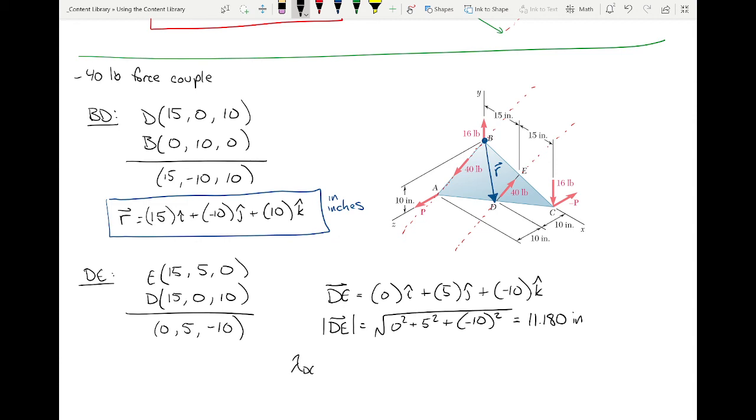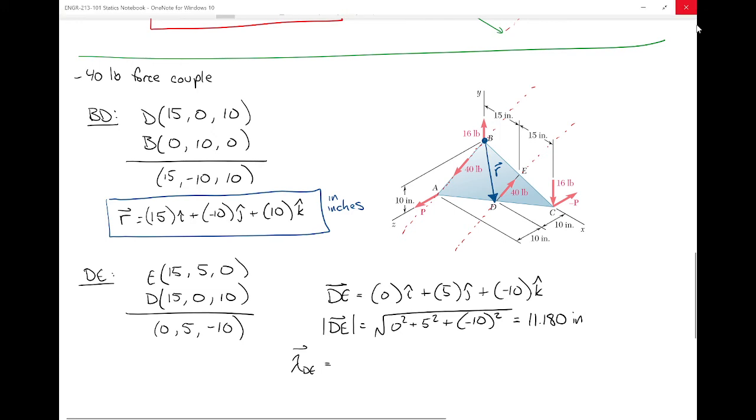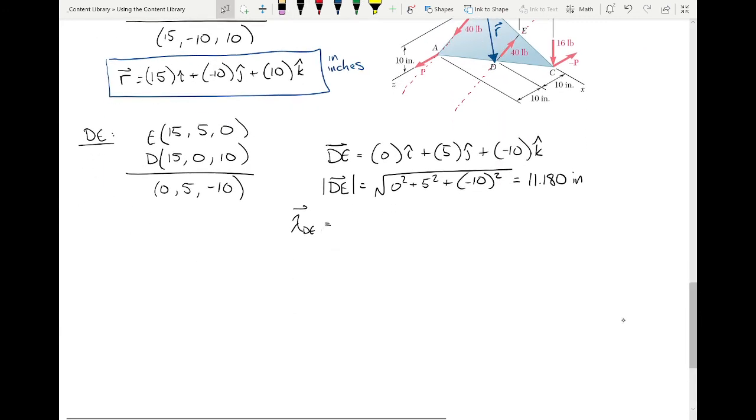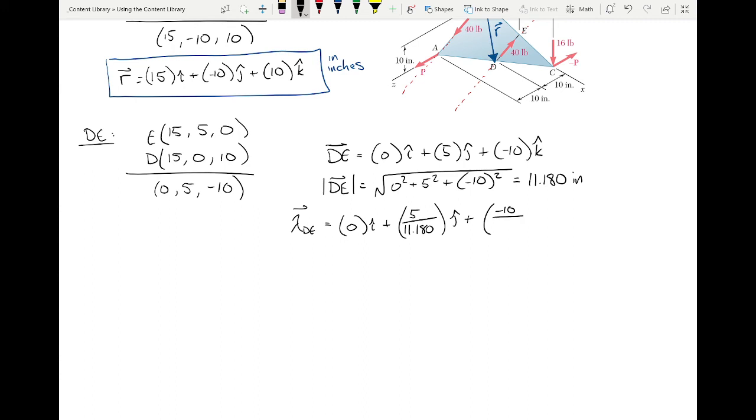So we need lambda DE. Let me scroll down a little bit and get myself some room. So we need to do 0I plus 5 over 11.180 times J plus negative 10 over 11.180 times K. Okay?